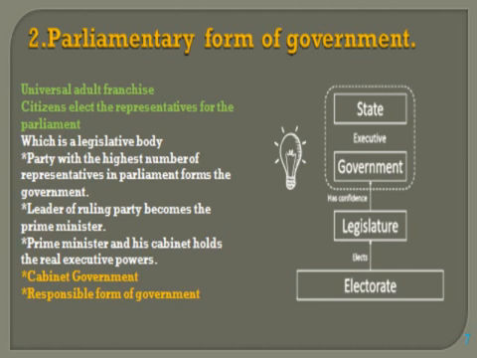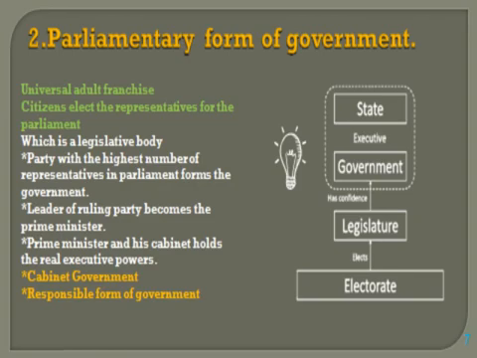These citizens elect their representatives for the parliament directly or indirectly, which is a legislative body. From this legislative body, the party which gets the highest number of representatives or MPs in the parliament forms the government, and the leader of the ruling party becomes the prime minister, and the prime minister and his cabinet hold the executive power.